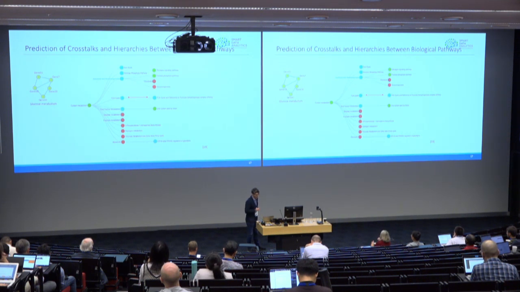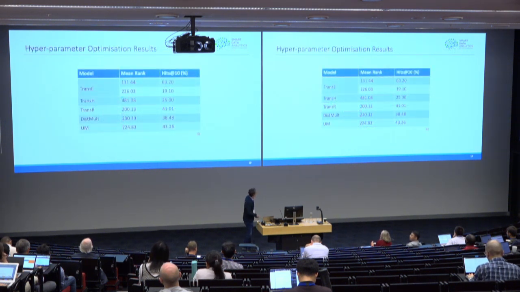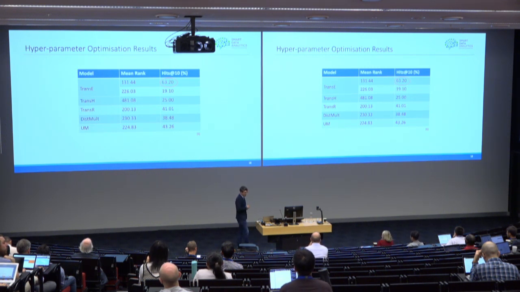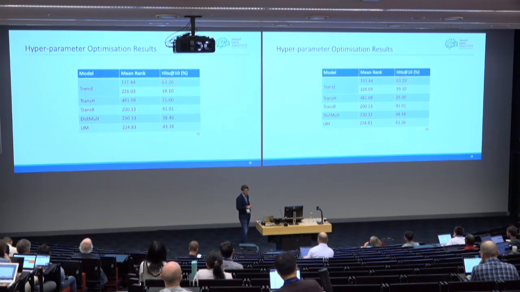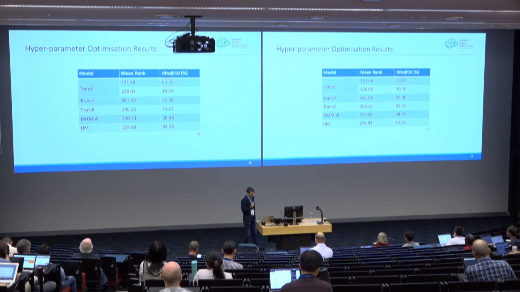ComPath is directly accessible in BioKeen, so we didn't need to download or pre-process it. Then we performed hyperparameter optimization based on 5 models. And the best performing was TransE. This can have different reasons, which can also be addressed later in the QA session. But what we want to highlight here is that for TransE we have 2 results. 19.1 was the original hyperparameter setting that was proposed by the authors of TransE for the data set FreeBase15K.